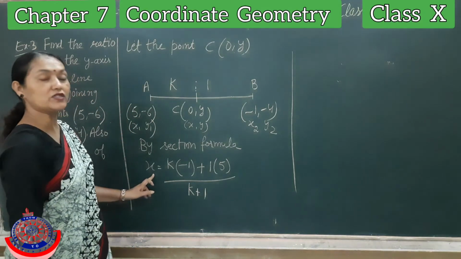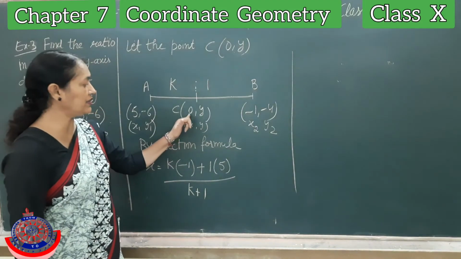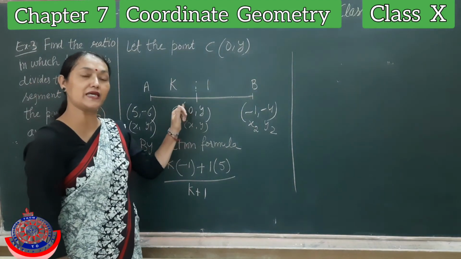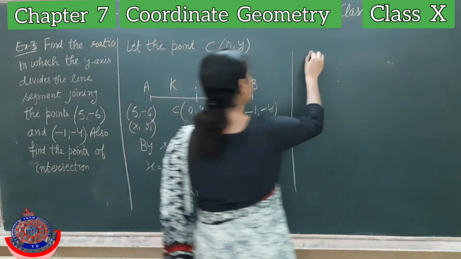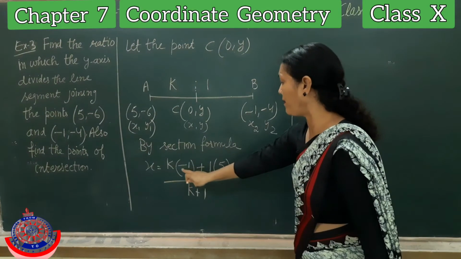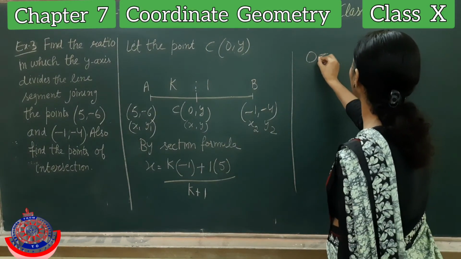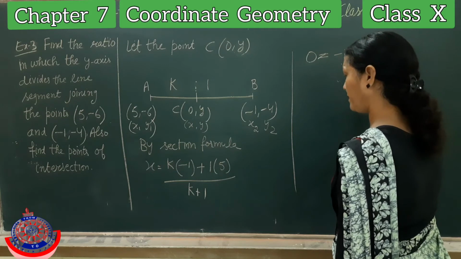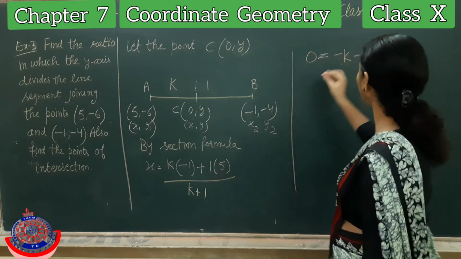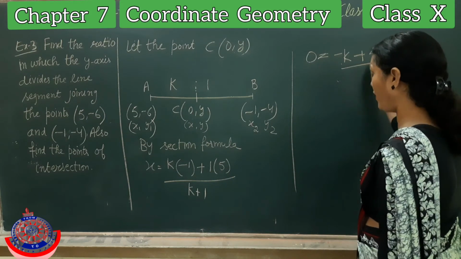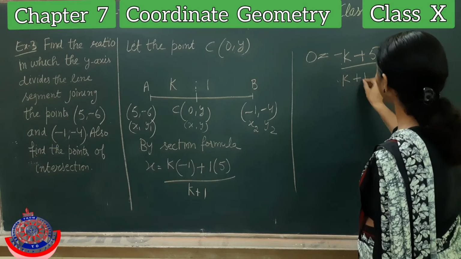Here the value of x in the question is given, the point is lying on y-axis means x is 0. So we will be writing 0 equals to minus k plus 5 into 1, 5 upon k plus 1.